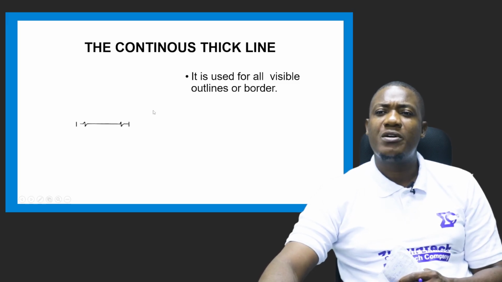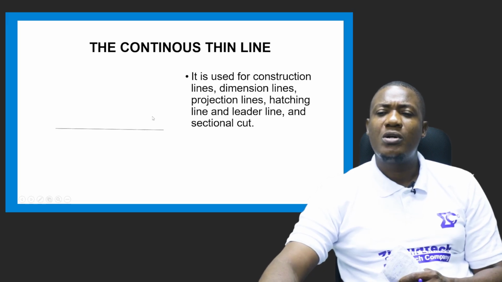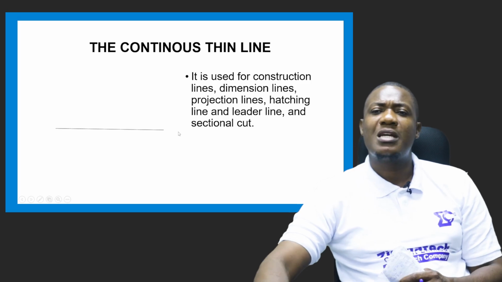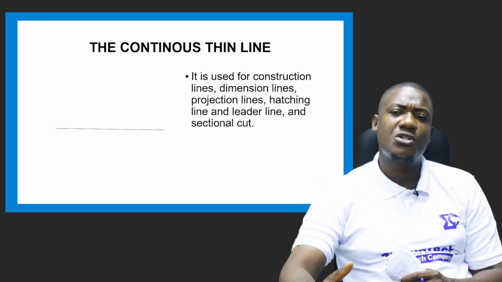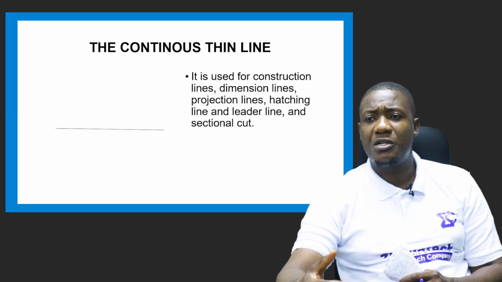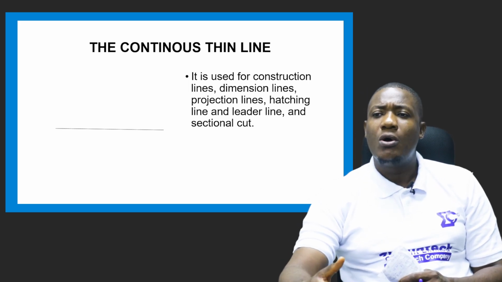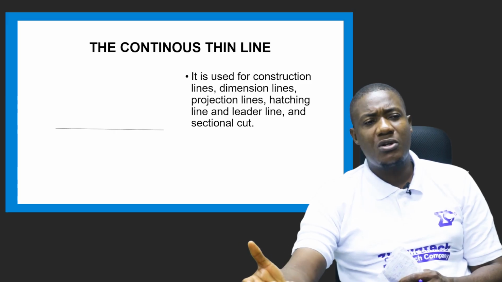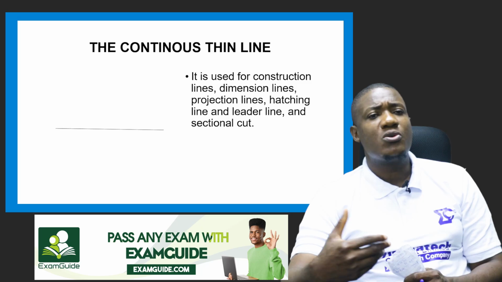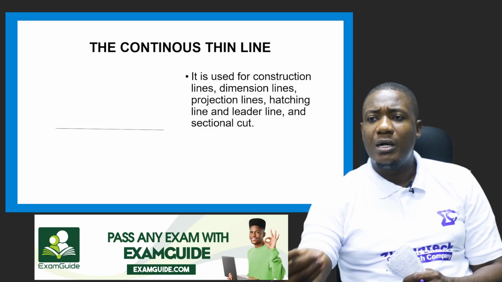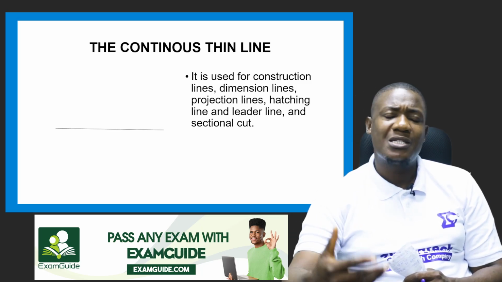Okay, we also have another type of line we call the continuous thin line. This continuous thin line, like you see on the board here, is specifically used for construction lines. They are used for showing dimensions, dimension lines, projection, the leader lines, and sectional cuts.